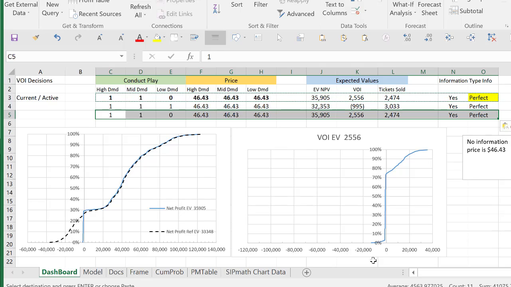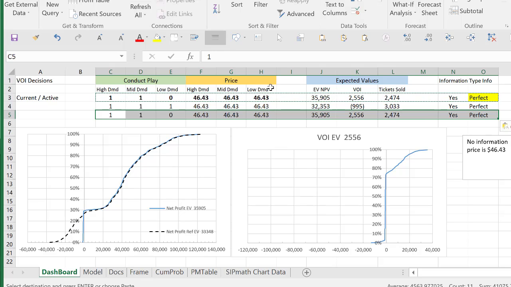Now over here is the distribution of the value of information. 70% of the time, I make the same decision of developing. So I'm developing the high and the mid. And as a consequence, my value of information is just a minus 1,000.